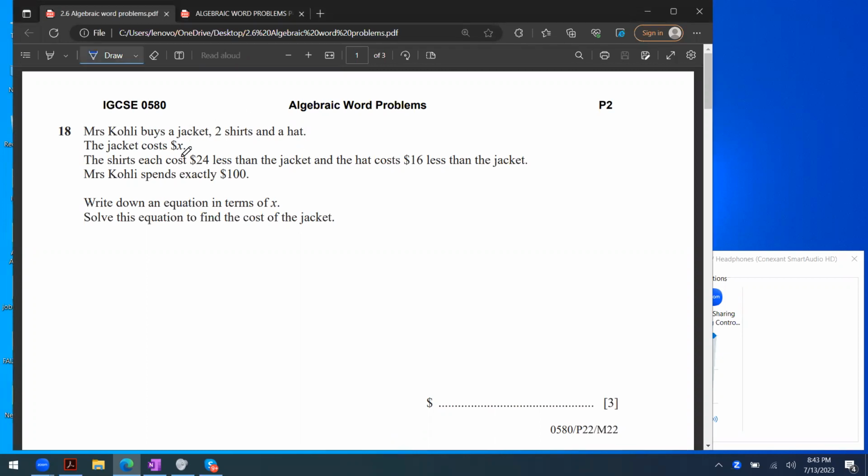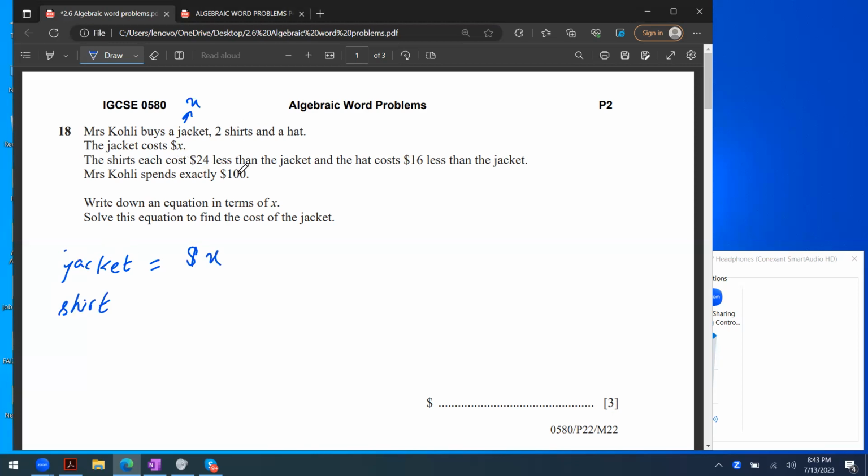First one, Mrs. Kohli buys a jacket, 2 shirts, and a hat. The jacket costs X dollars. The shirt each costs 24 less than the jacket, so a shirt costs X minus 24.